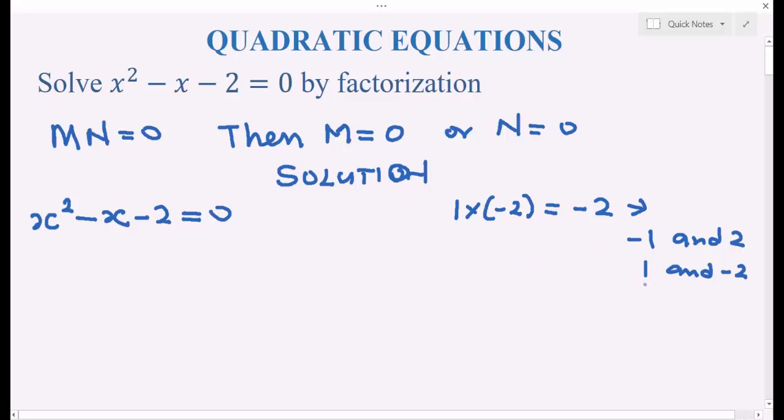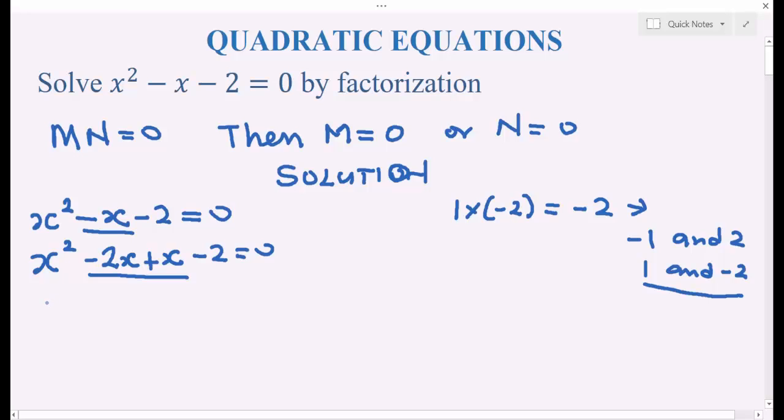And the one that will give us minus 1 when we add is this. So we come here and split this expression like this. x squared minus 2x plus x minus 2 is equal to 0. You can see that our minus 2x plus x is the same thing as a minus x.